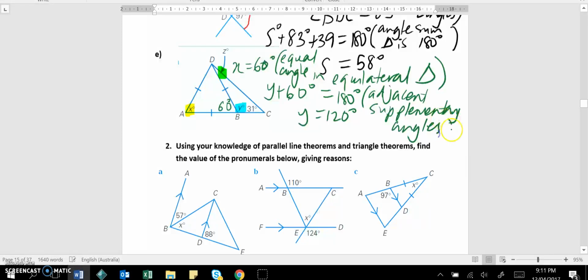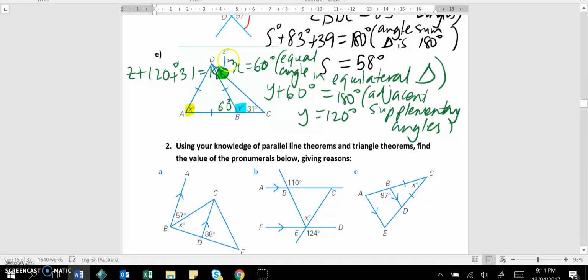So what you're really saying is those two angles next to each other on that straight line add up to 180. Okay, and my final step then, because if y is 120, is to work out z by using angle sum of a triangle. So I'd be going z plus 120 plus 31 equals 180.